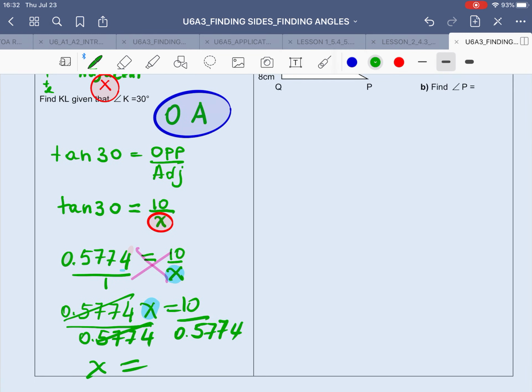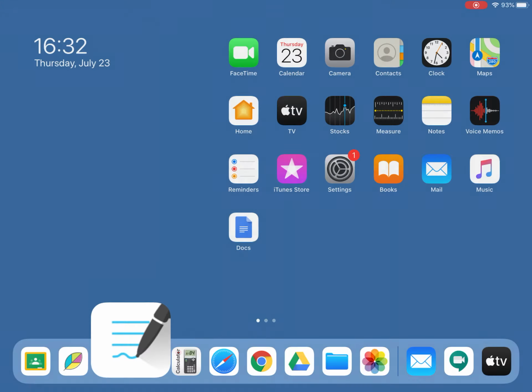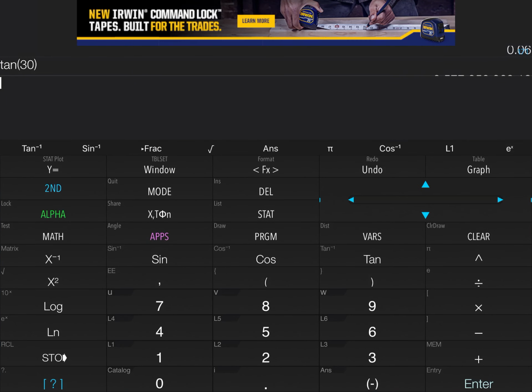I'm going to go to my calculator again, and I'm going to show you a little trick. Notice that I left in my calculator the answer from the previous calculation, which was the tan of 30. And remember, we're dividing by this number. So instead of typing 10 divided by 0.5774, I am going to type answer.